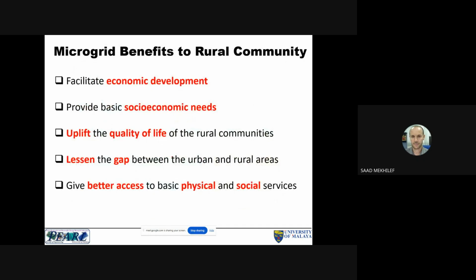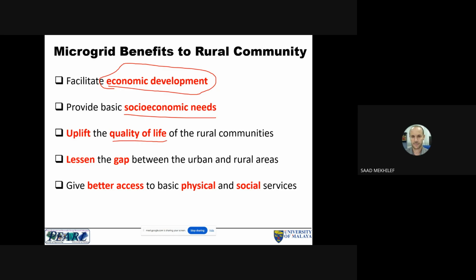All right. So these are some benefits for rural communities. I think the socio-economic improvement of the community, and the people will stay in these kinds of remote areas where they can do their own farming or whatever. The quality of life, that's very, very important.